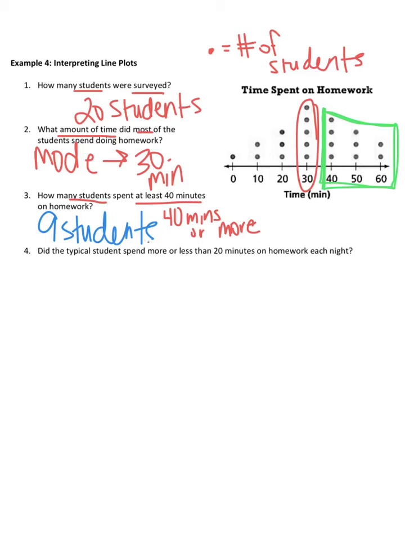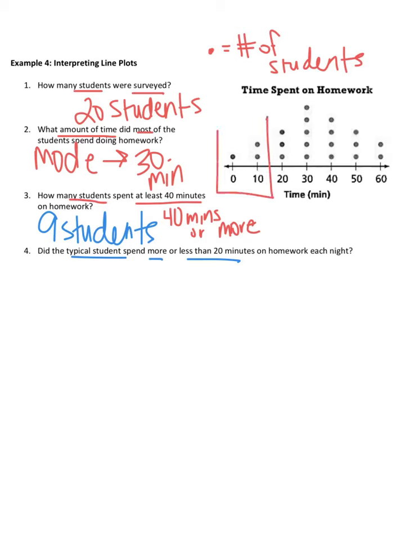Finally, the last question says, did the typical student spend more or less than 20 minutes on homework each night? Really I'm looking at where most of my dots fall. Did they spend less than 20 minutes? That doesn't even include my 20, that includes my 0 to 10. Or did they spend more than 20 minutes?